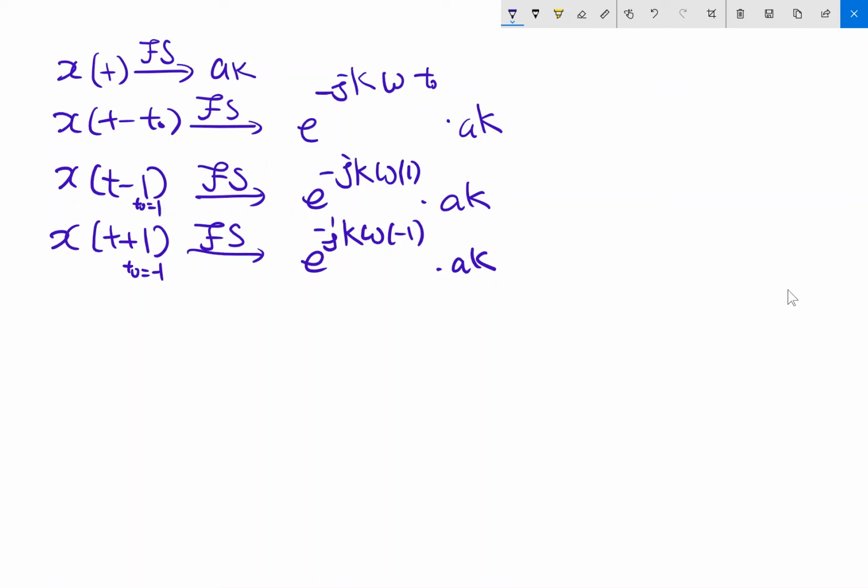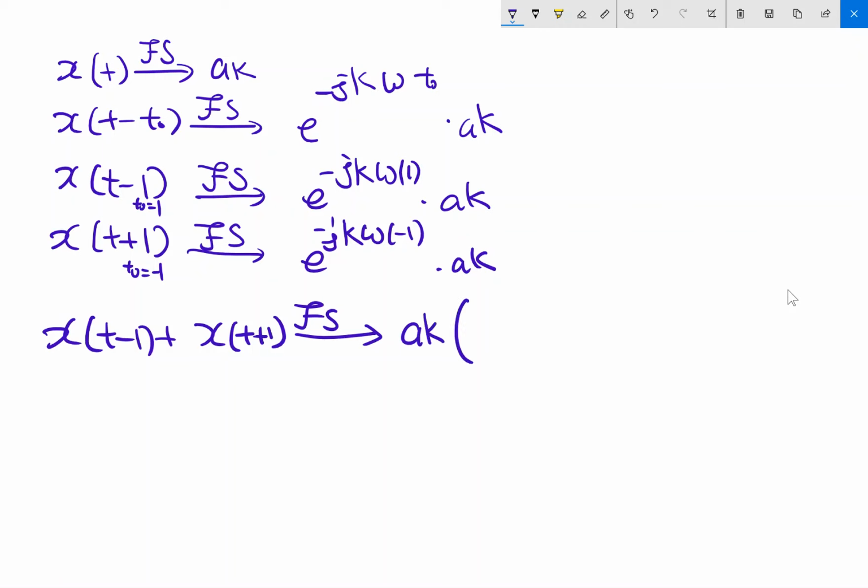And then by linearity we can add them together, so x(t minus 1) plus x(t plus 1) has a Fourier series that is these two added together. Let's take ak outside, and inside is e to the power of minus jk omega plus e to the power of jk omega. Again we see this plus here, so by Euler's equation we can make this cosine.